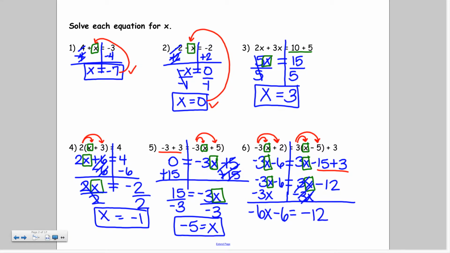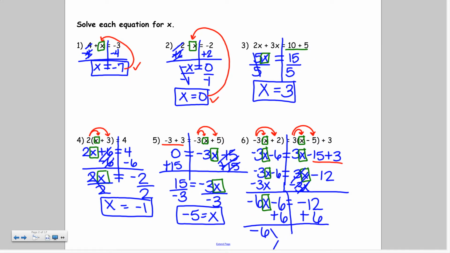My next step is still, I need to get x by itself, so my next step is going to be to add 6 to both sides. That's going to give me negative 6x. Negative 6 plus 6 gives me 0. And then negative 12 plus 6 is a negative 6.